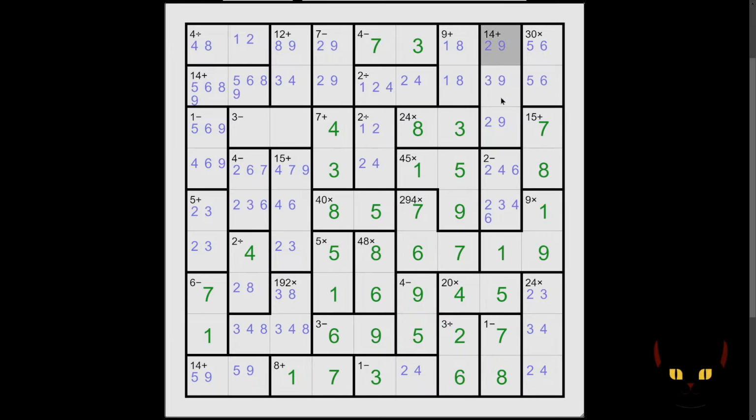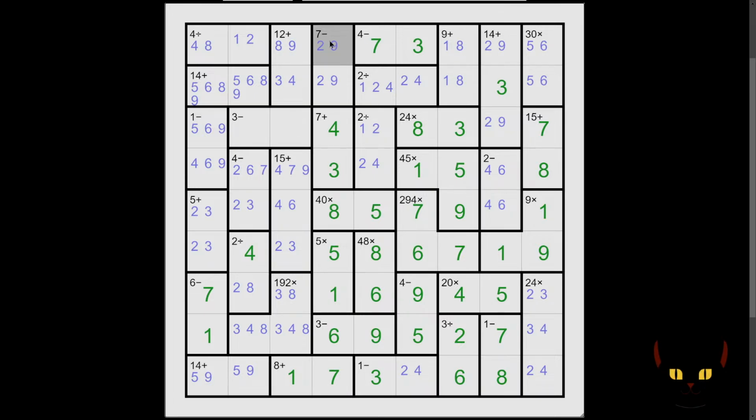Alright, and now we've got 2 and the 9 are used, so this one has to be 3. We can eliminate the 2 and the 2 and the 3. Okay, so we have 4, 6, and a 4, 6. So that one can't be the 6. Okay, so they're used up here.